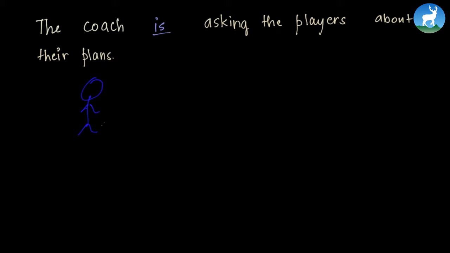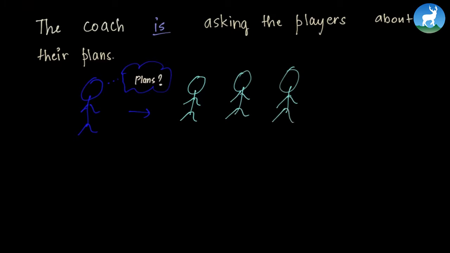So here is a coach. One coach is asking three players about the plan. Because there is one coach, we say the coach is asking the players about their plans.